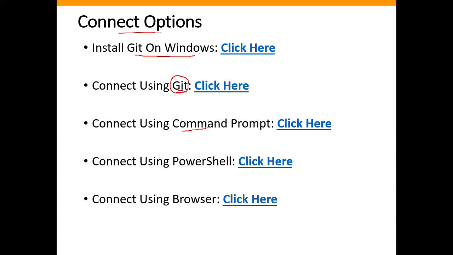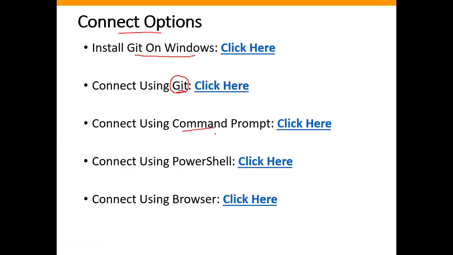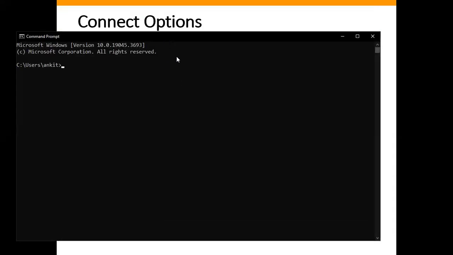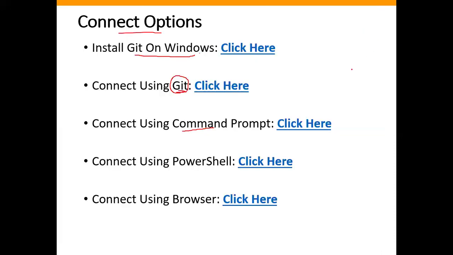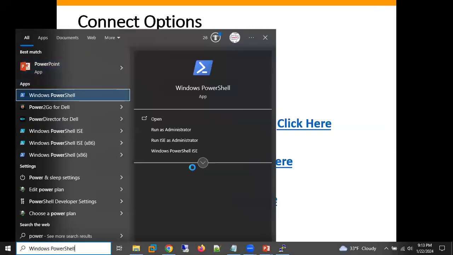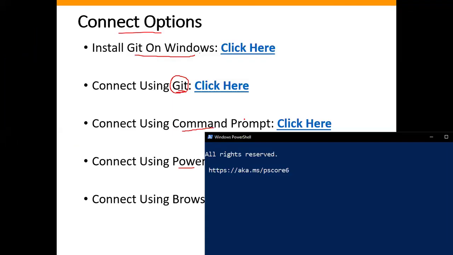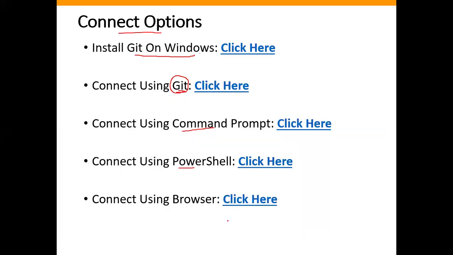You can even connect to your Linux EC2 machine by using the command prompt, which we have on our Windows machine. You can connect by using PowerShell also. This is also a terminal. Or the fourth option is that you can connect to your Linux machine by using a browser.